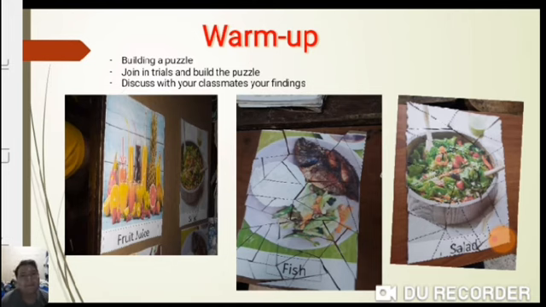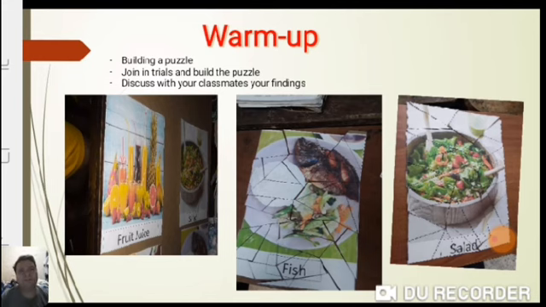In this case, I'm going to use one technique that is puzzles. I will use the puzzles in the warm-up because it will be a great stimulation for students in order to let them know what the topic is about.